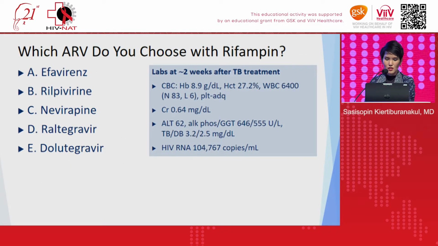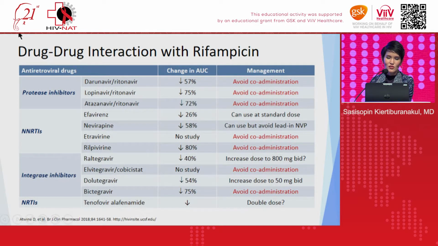So let's go back to the question about which ART can be used with rifampin. Please vote for this case. Okay, anyway, I think you can vote efavirenz, right? This is a table summarizing drug interactions with rifampicin.